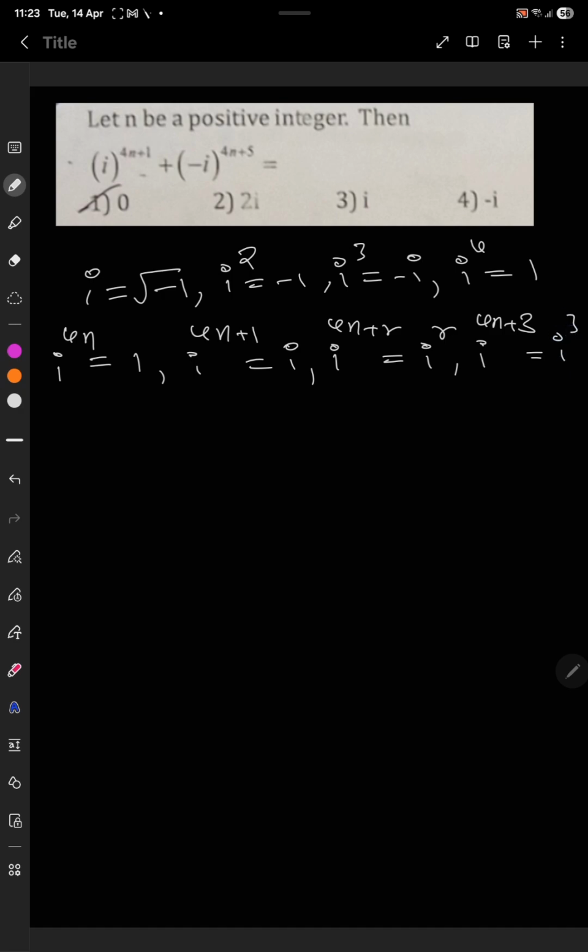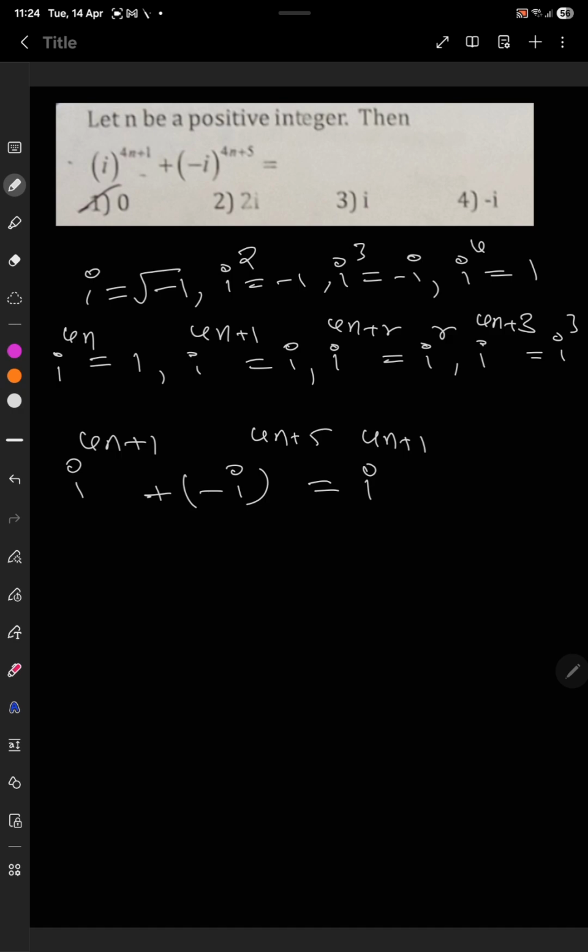Okay, so now given problem, i power 4n plus 1 plus minus i whole power 4n plus 5. So i power 4n plus 1, first term is as it is, and second term here 4n plus 5 is odd power.